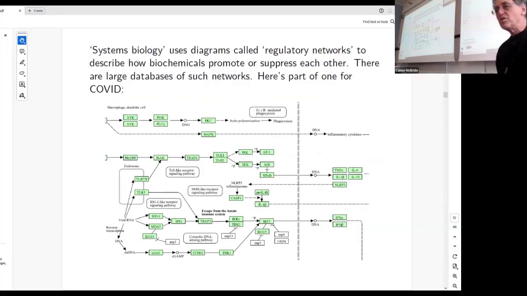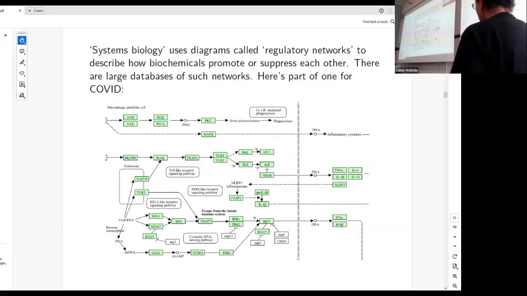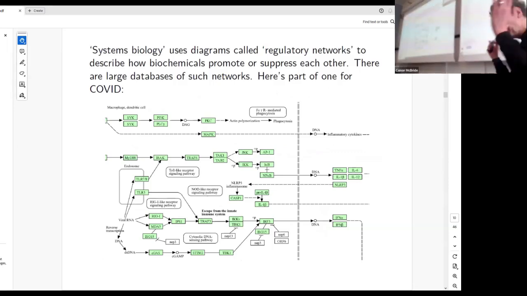So what was this business about systems biology? Well, there's a sociologically quite distinct community to systems dynamics, as far as I can tell, which is using very similar math, called systems biology. They use diagrams that are sometimes called regulatory networks, or sometimes disease pathways if applied to disease, which again describe whether certain things have a positive or negative effect on others.